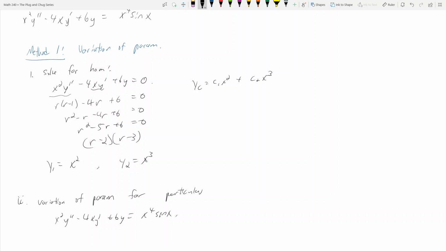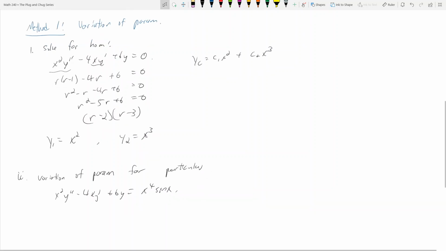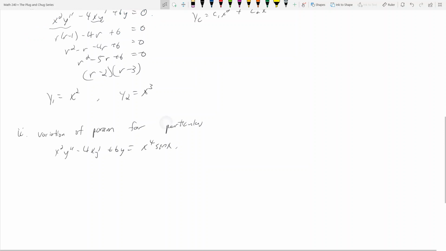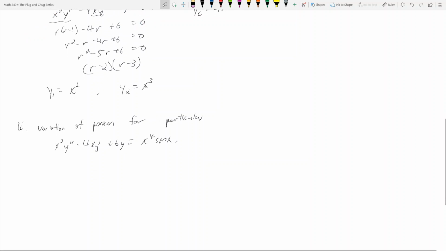So instead of just straight up dividing this thing by x squared, we do the following. We set up y1 is equal to this, y2 is equal to that, and so we say y1 u1 prime plus y2 u2 prime is equal to 0.